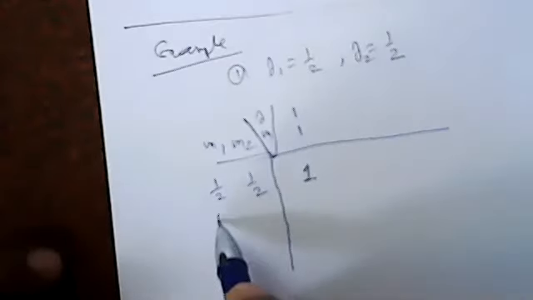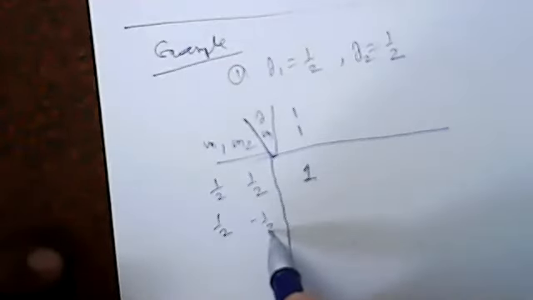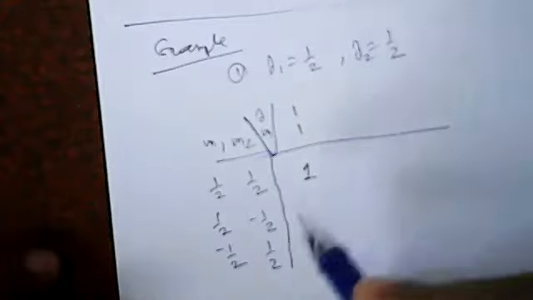Next, the M1, M2 values are half, minus half, and minus half, half. So that will be a 2 by 2 matrix.